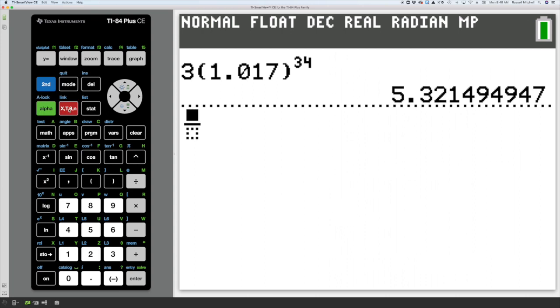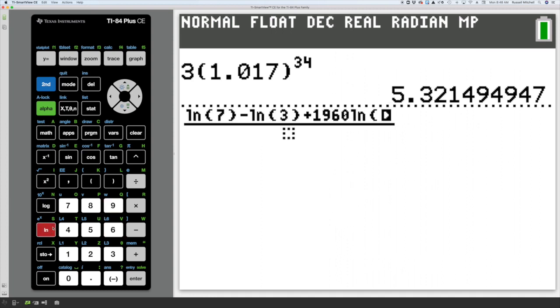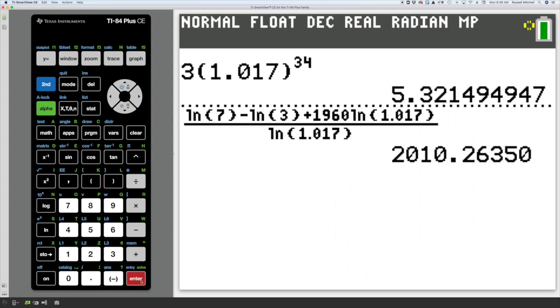Alpha, fraction bar, and then natural log of 7, so that'd be ln of 7, close the parenthesis to end that natural log, and then minus natural log of 3, and then plus 1960 ln of 1.017, close the parenthesis, and then over natural log 1.017, okay? And then press enter and we'll have our answer.